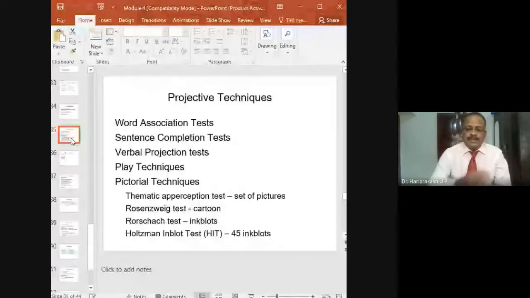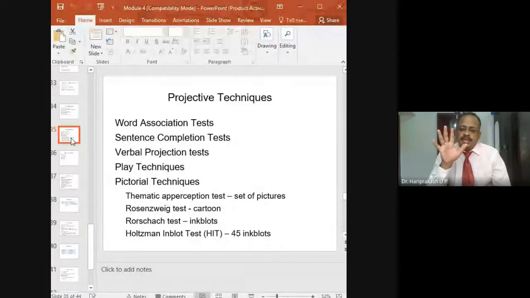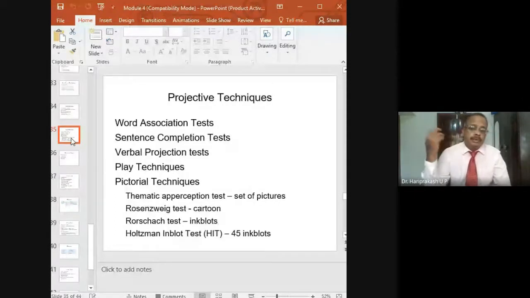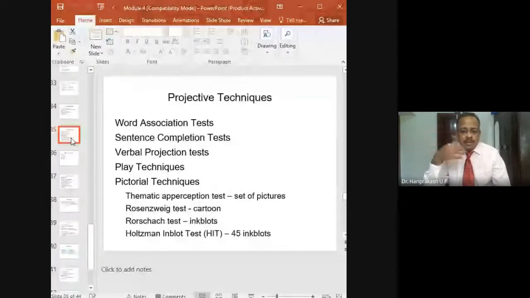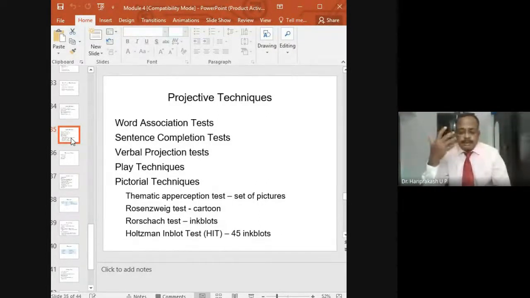It will have its own designs, and the respondent is shown that picture and asked what they find, what they see in that ink, what things come to their mind. As I said earlier, it will have its own shapes. Some people will see a tree in that, some people will see a cat, and so on. So actually they are projecting themselves, their thoughts, what is in their mind. Nothing but their personality is reflected through such tests.